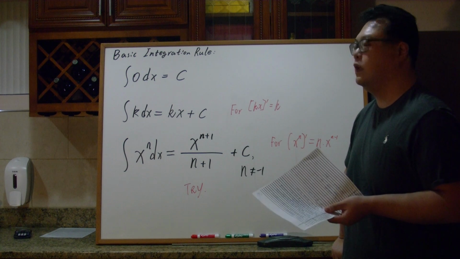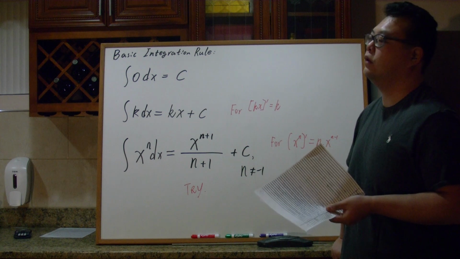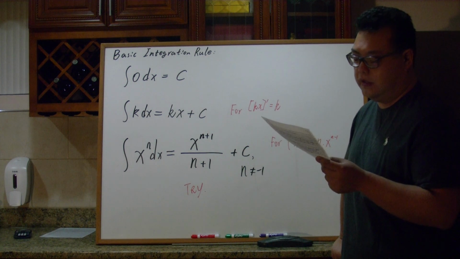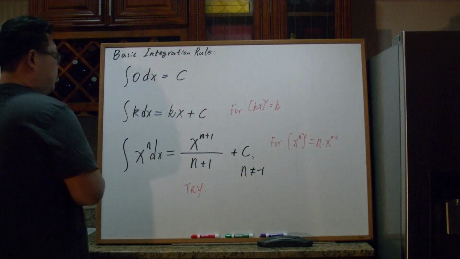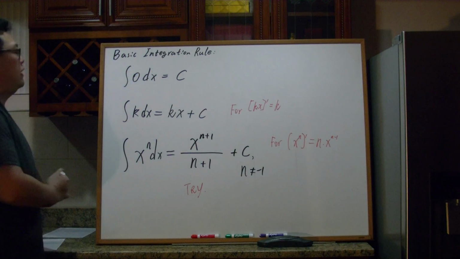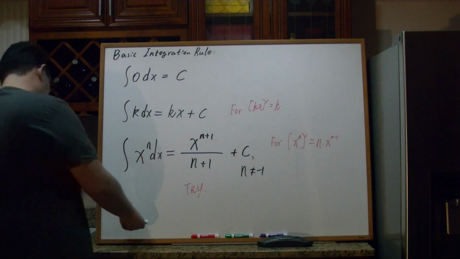If we have x to the -1, that's 1 over x, which is handled by something else. But we just use up to this, which is still a linear combination of polynomials.